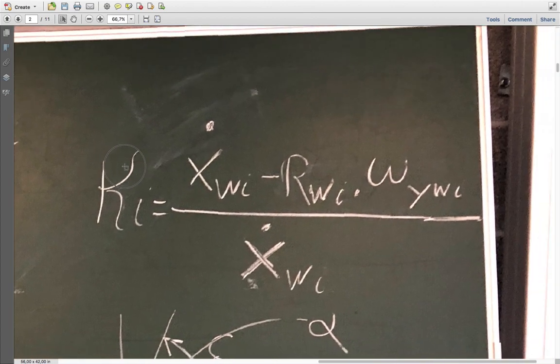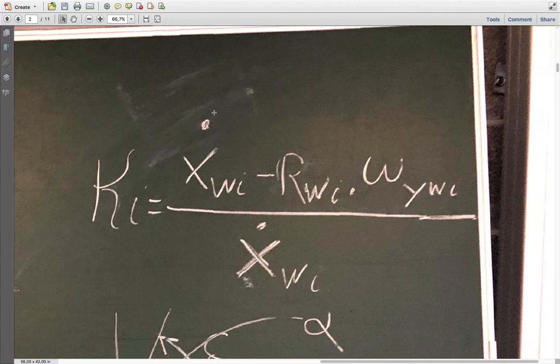The kappa value is the difference between the longitudinal speed determined by the vehicle, the wheel, and the actual rotational speed of the wheel multiplied with its radius to have the rotational speed of the wheel at the surface of the tire. This divided by, again, the speed in the x direction at the wheel. This is to determine the kappa value.